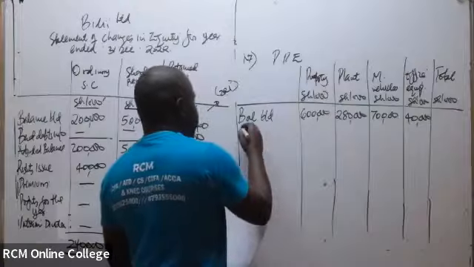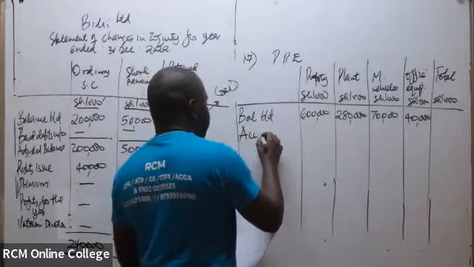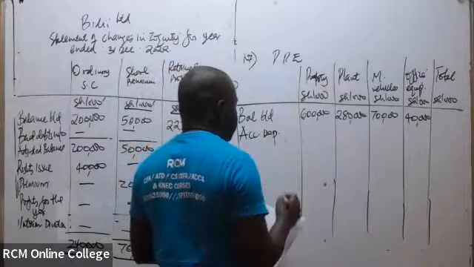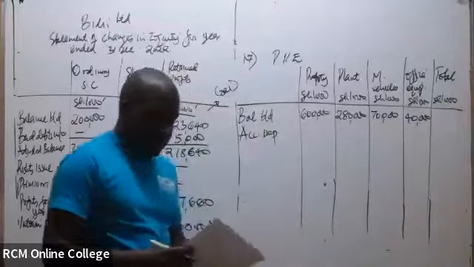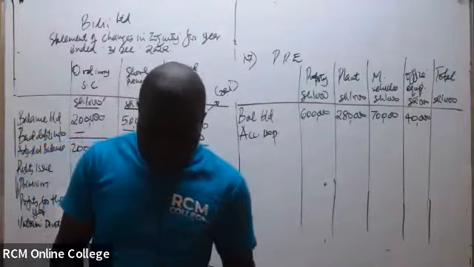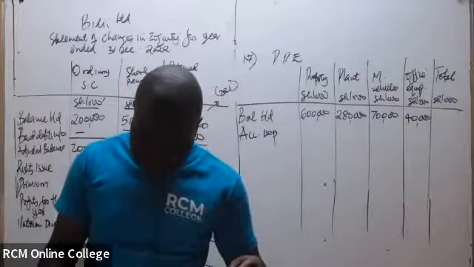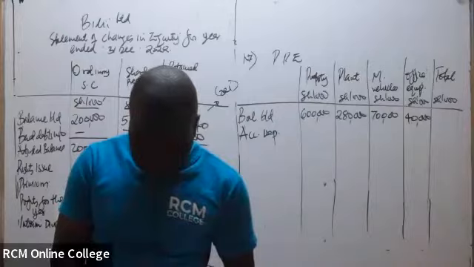For property, plant, and equipment, I think it is 80 million.